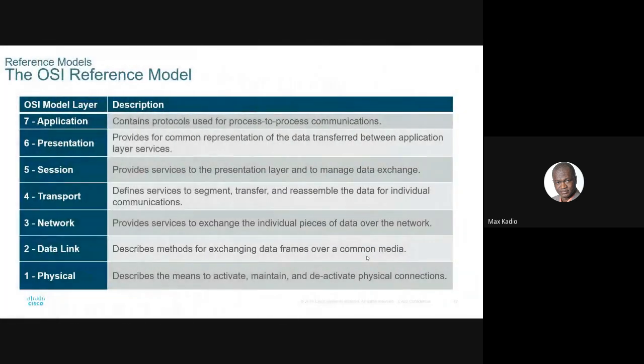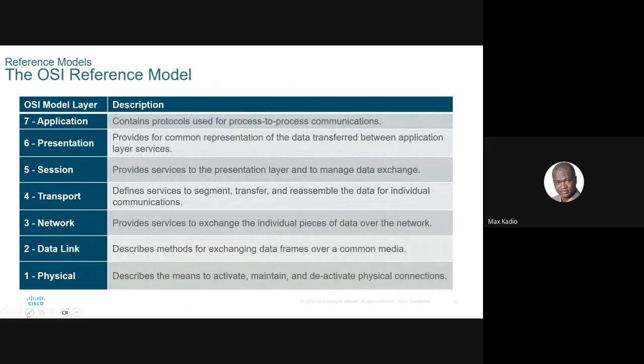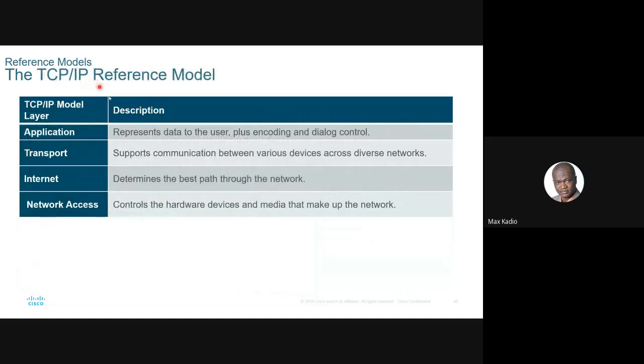We'll get time to do all this. So this one is for the OSI model. It's good to know as a network engineer, because it's asked a lot in job interviews. And for TCP/IP, this is how it is. You can also check that quickly.